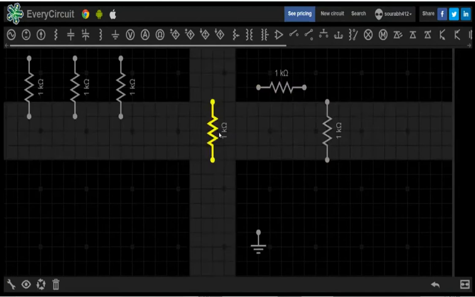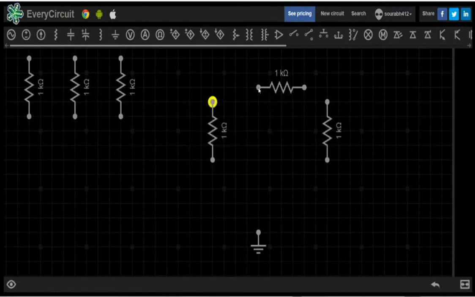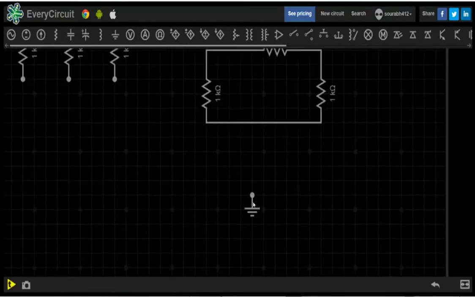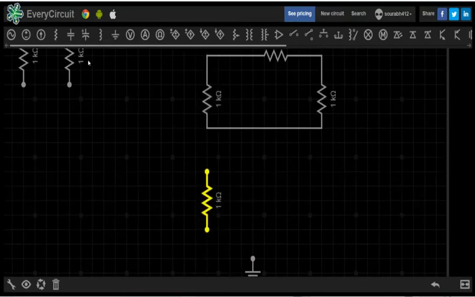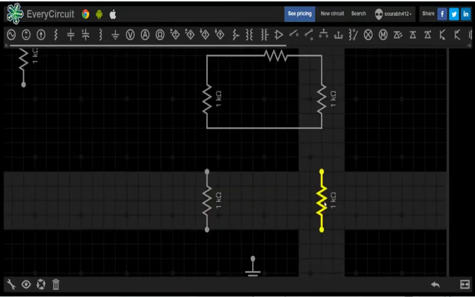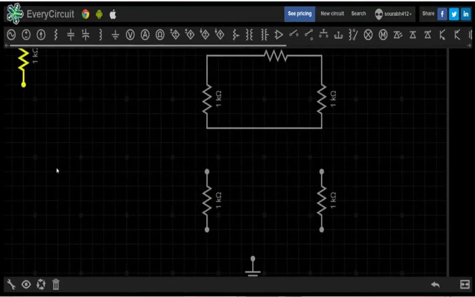So this becomes one pi network. Just connect. Then take another pi network, click here, rotate.